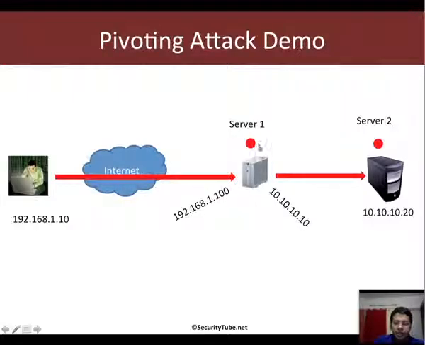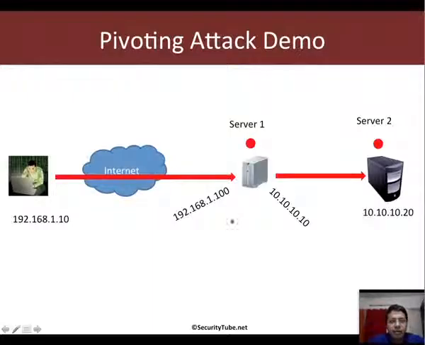Server 1 is multi-homed and has another IP 10.10.10.10 which is connected to server 2 at 10.10.10.20. The whole idea of this exercise is to first break into server 1, create a pivot to allow the attacker to channelize all his attack traffic to server 2 and then finally break in here.